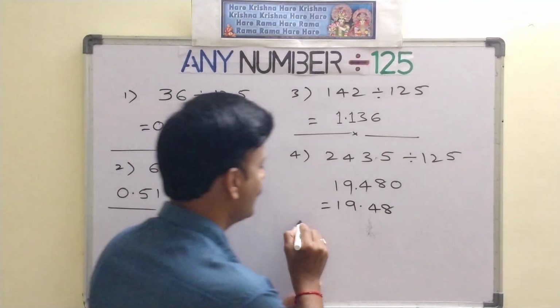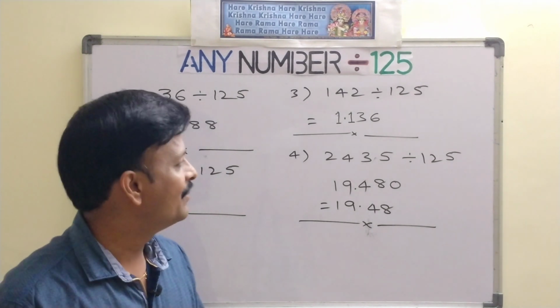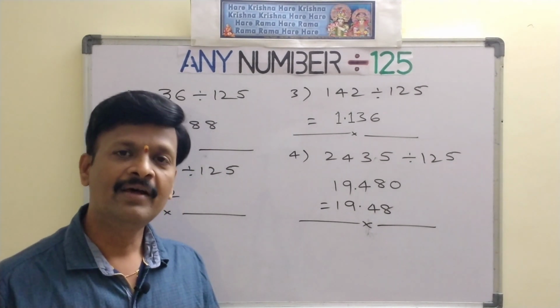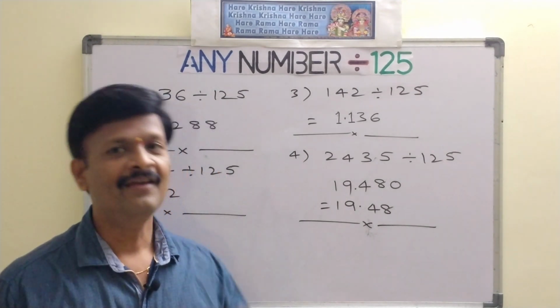So this is the result. When you divide 2435 by 125, like this, any number you can divide by 125 within 5 seconds of time and within only one step.